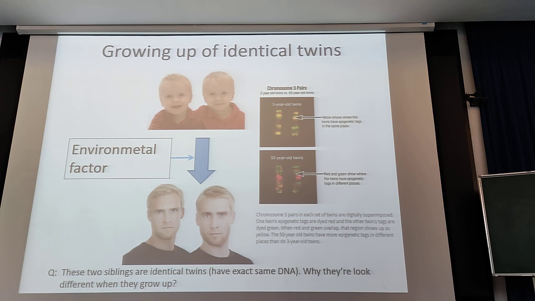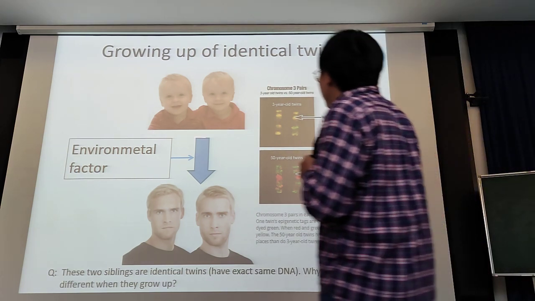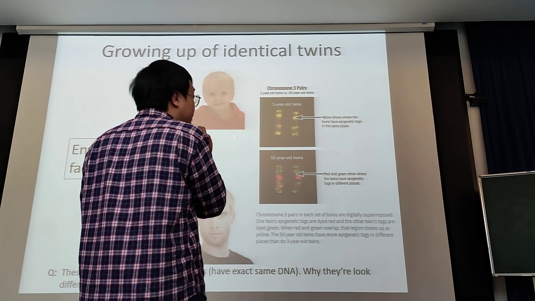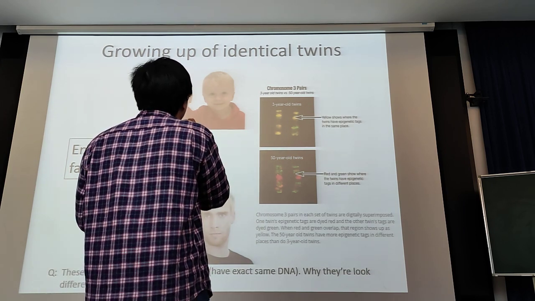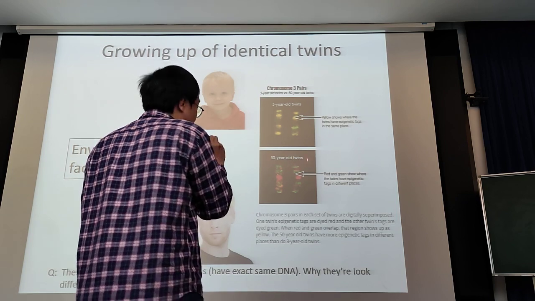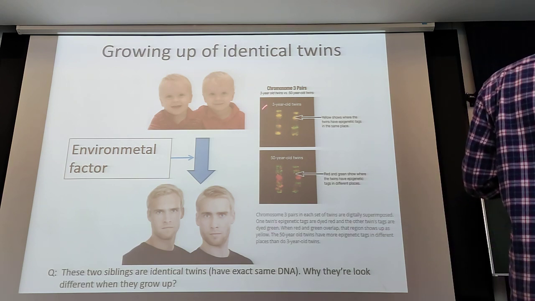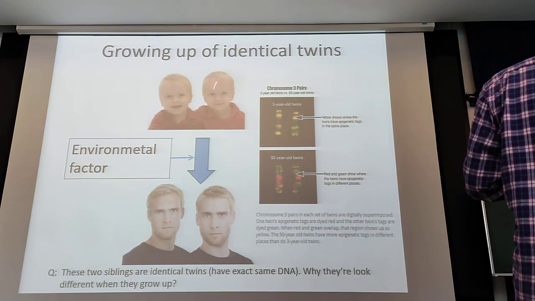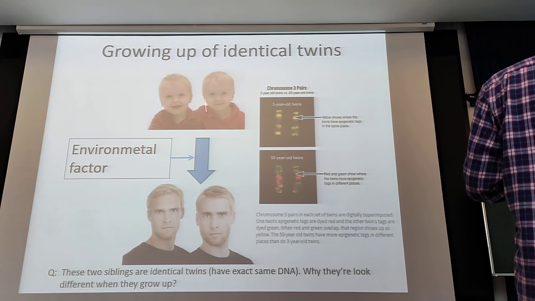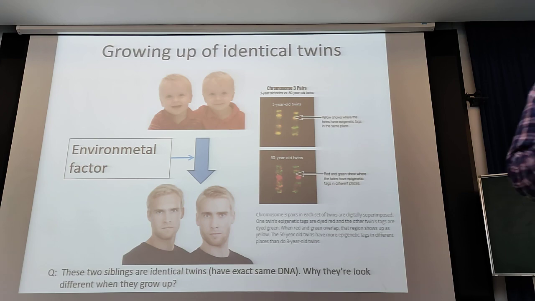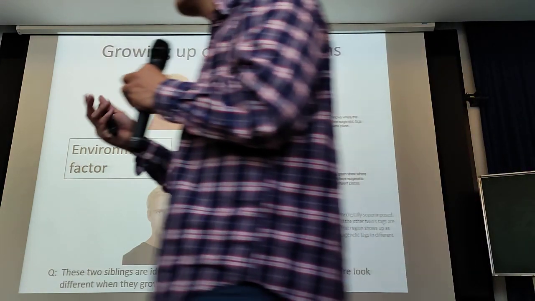So for example, here, scientists have studied the difference in the epigenetic markers in chromosome number 3 of 3-year-old twins and 30-year-old twins. And they marked one individual with site 3 and the other with site 5. Site 3 has the green color and site 5 has the red color.